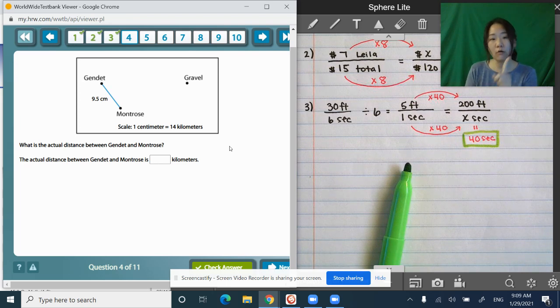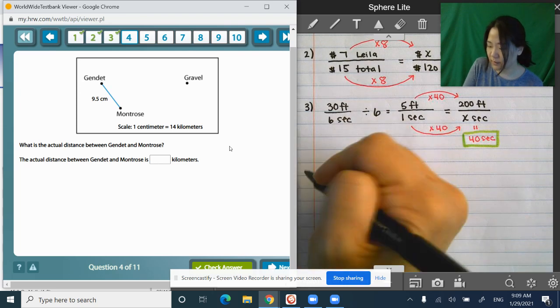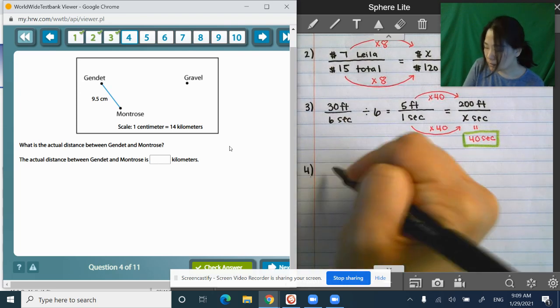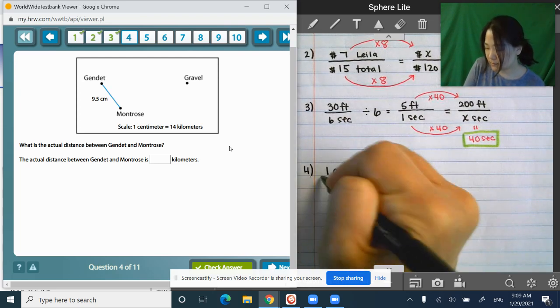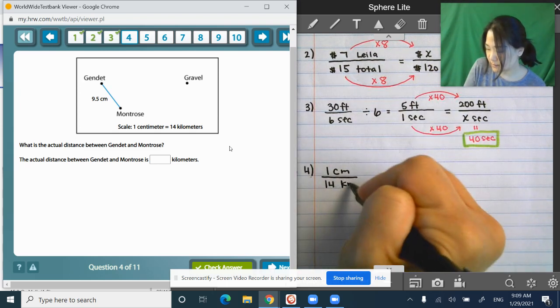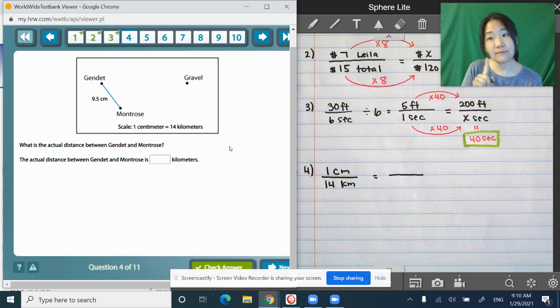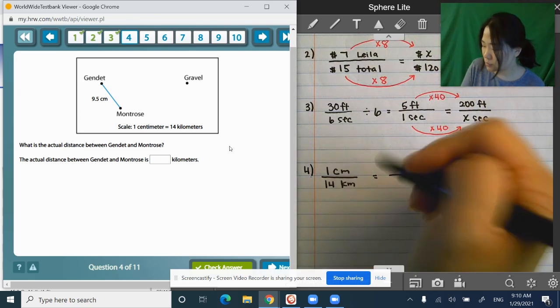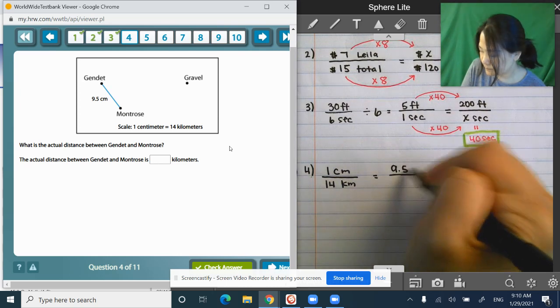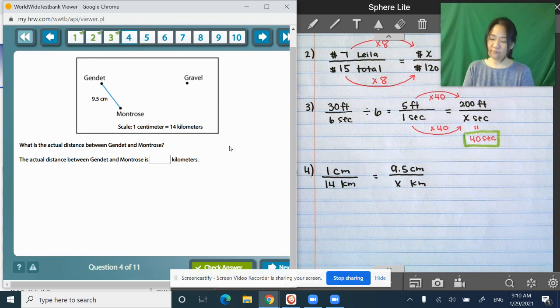Okay, so you always want to start with the scale like this. Number 4. 1 centimeter over 14 kilometers. Set it equal to and make a proportion. 9 and 5/10 centimeters, so we write it on top. And x kilometers is what you're looking for.